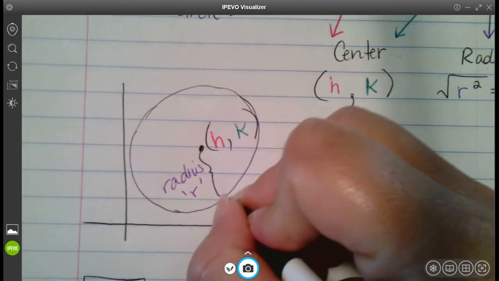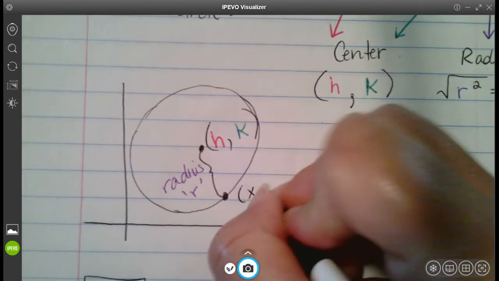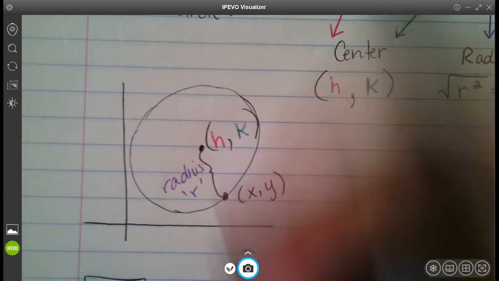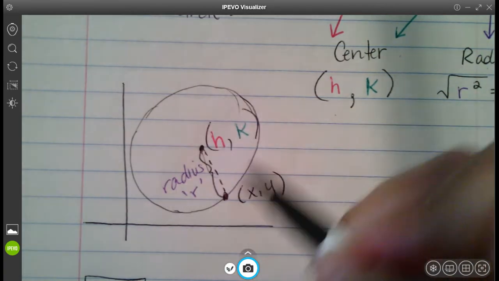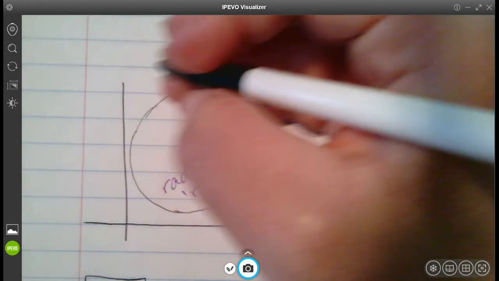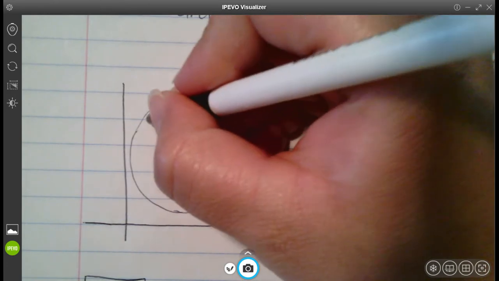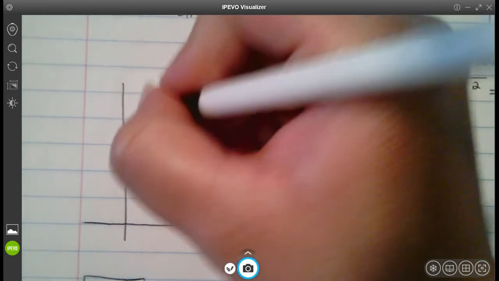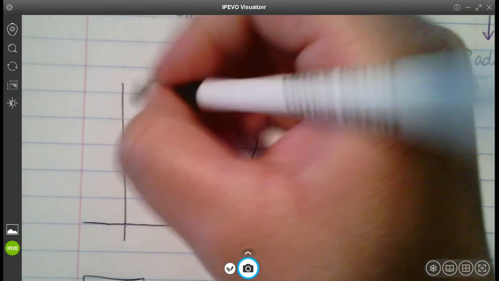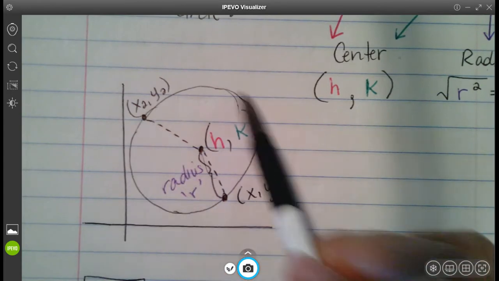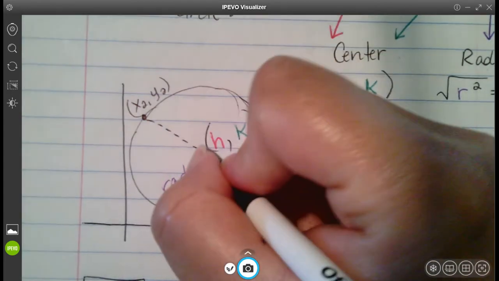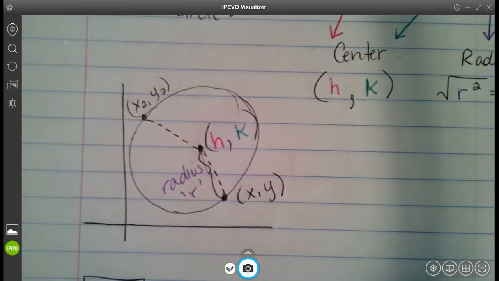And this point right here on the circle is our (x, y). Obviously there are an infinite number of radii. If I did another one, you don't have to do this part, I could find another point here, say (x2, y2). The idea is that all of these points are equidistant from the center at (h, k).